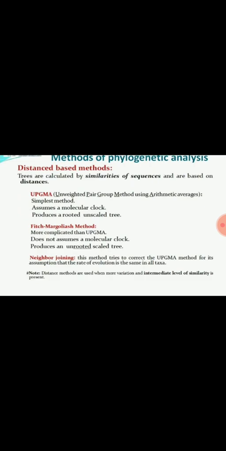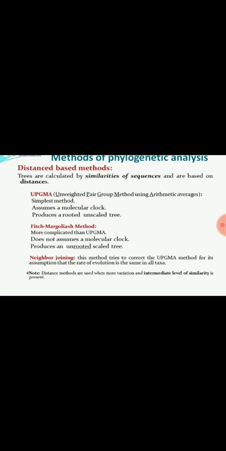There are different methods to analyze a phylogenetic tree. Basically there are two types: the first is the distance based method, and the second is the character based method. We'll go one by one. The first is the distance based method.